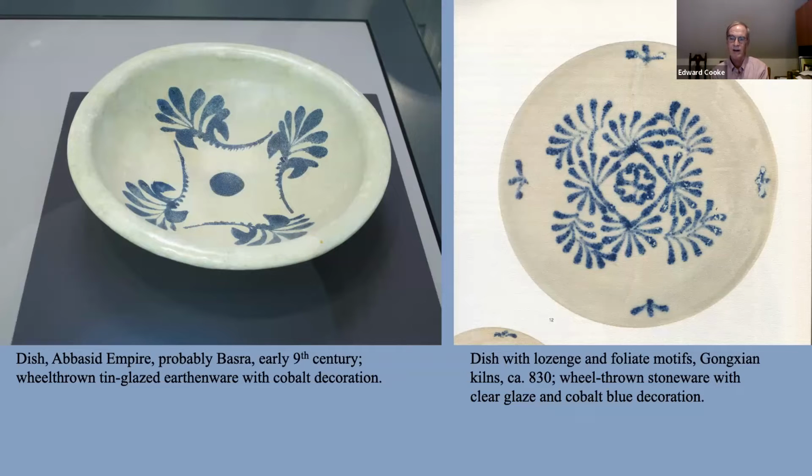And what you see here on the right is a stoneware manufacturer in China in the 9th century who are looking at the work coming from the Arab Peninsula and then producing it with imported cobalt to produce work that would satisfy this blue and white kind of decoration.